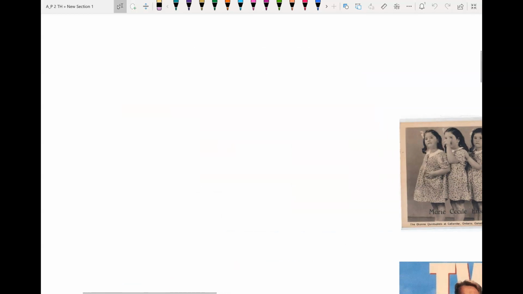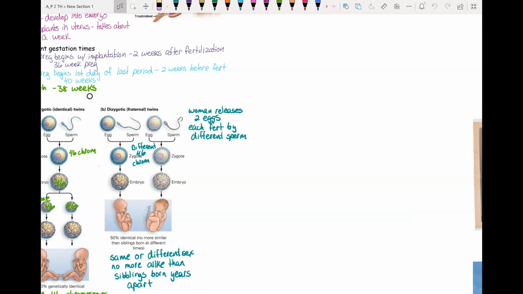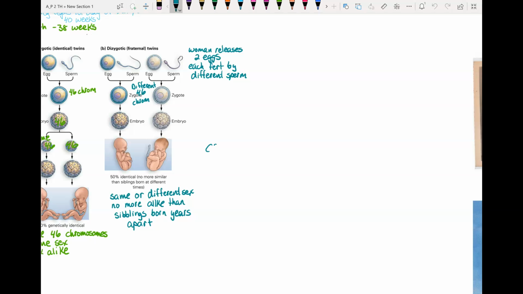And when it comes to the fraternal twins, the dizygotic, because each egg is fertilized by a different sperm, it's actually possible for the twins to have different fathers.